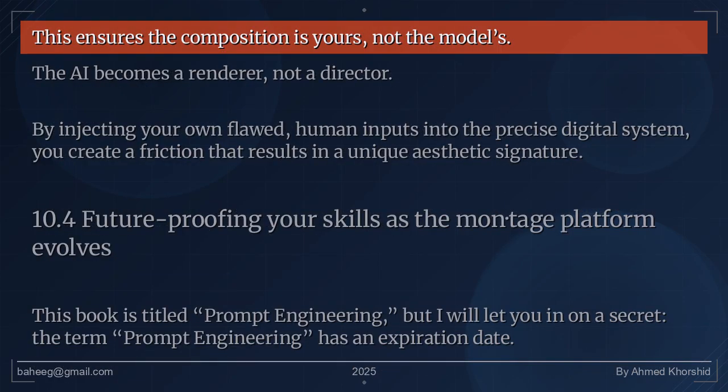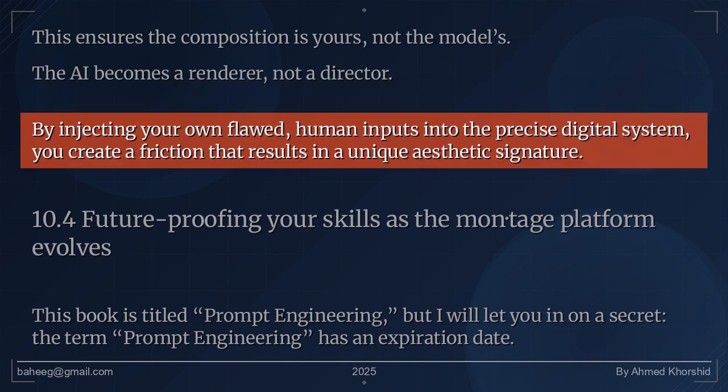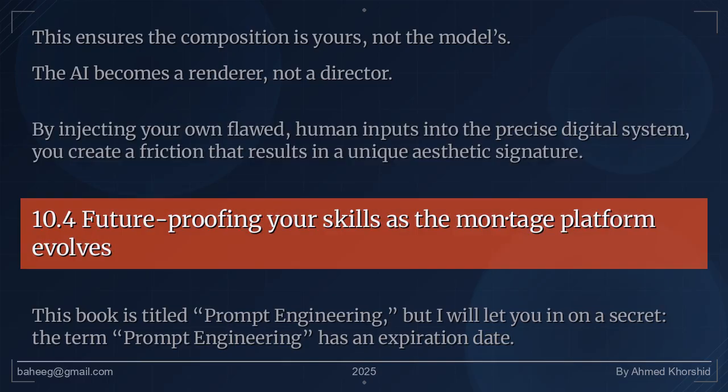This ensures the composition is yours, not the model's. The AI becomes a renderer, not a director. By injecting your own flawed, human inputs into the precise digital system, you create a friction that results in a unique aesthetic signature.